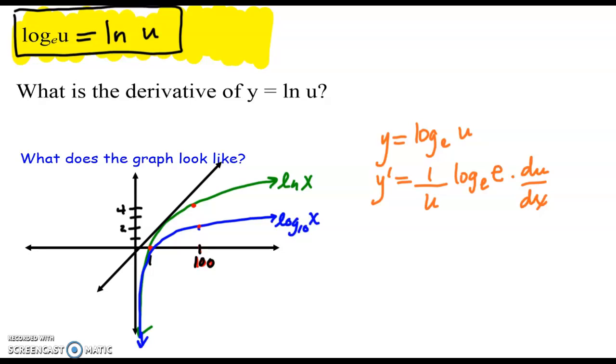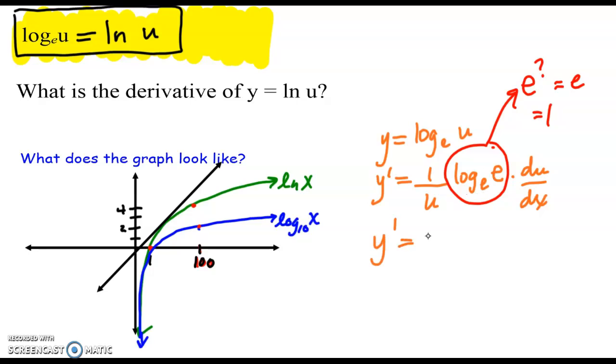Now, this part right here, log e of e, well, let's put it in exponential form. e to what power equals e? Well, we know that this whole log equals 1.